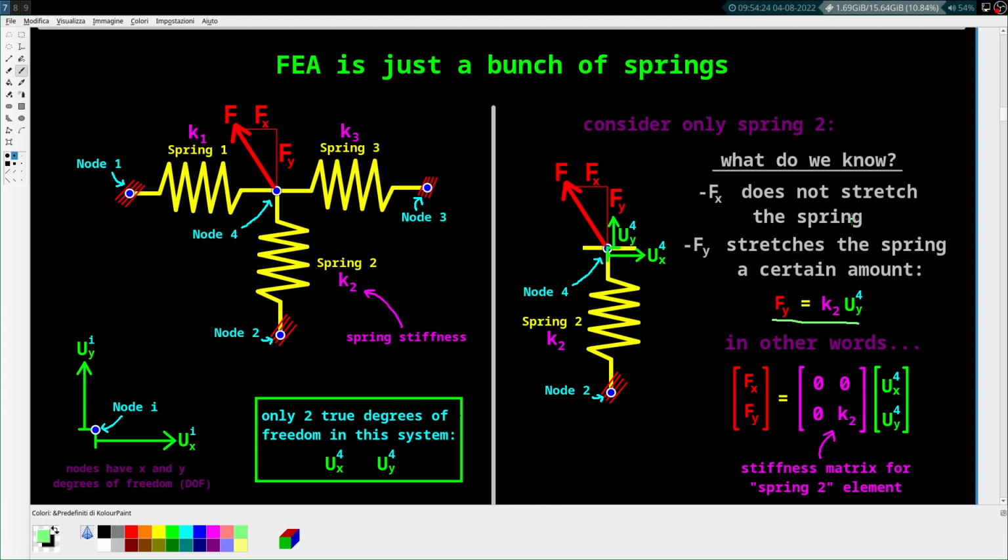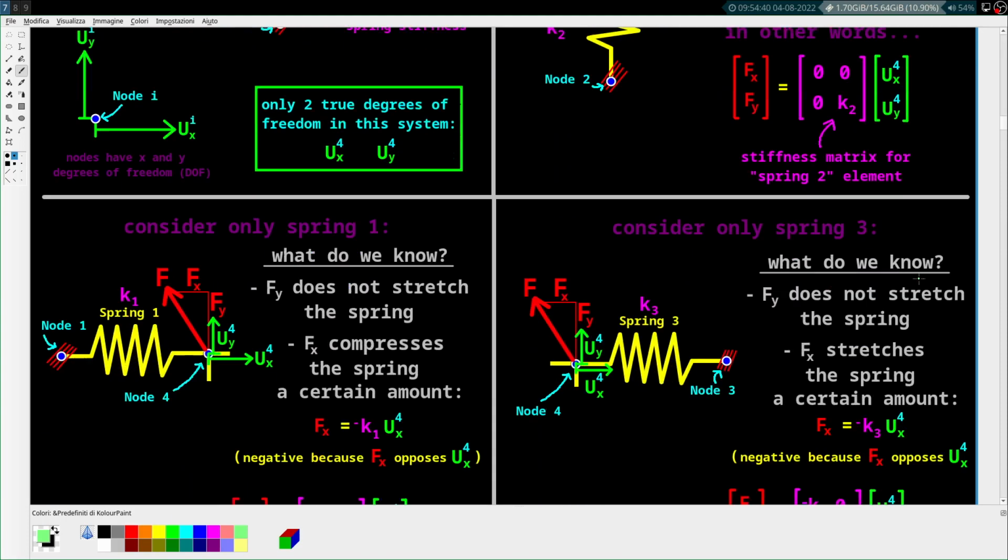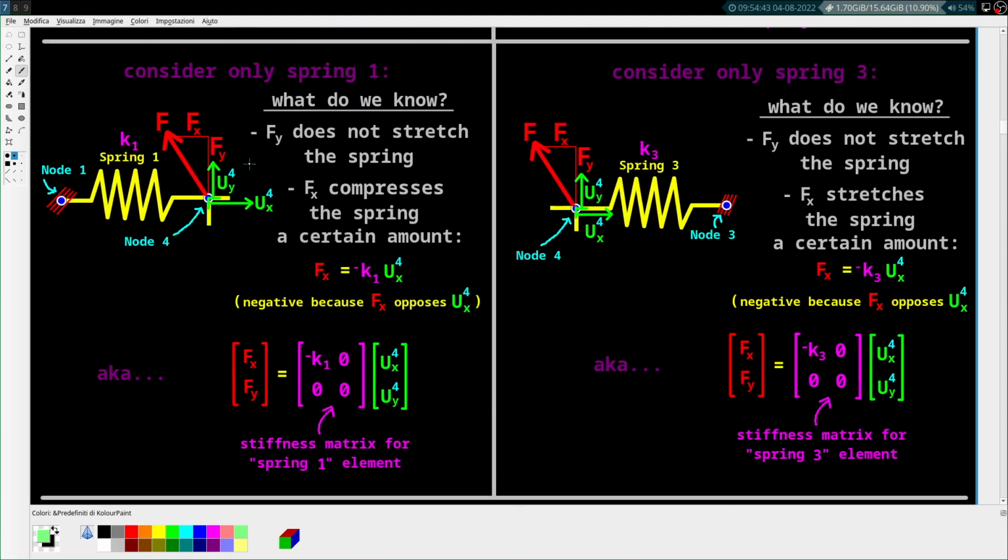Okay, simple stuff. Now spring 1 and spring 3 are kind of the opposite. Those are the horizontal springs. Fy does not stretch either spring, but Fx does. Fx compresses the left spring and stretches the right spring a certain amount. How much? Well, by this equation and this equation. So the left spring is stretched per the spring stiffness constant K1, and by this equation here.